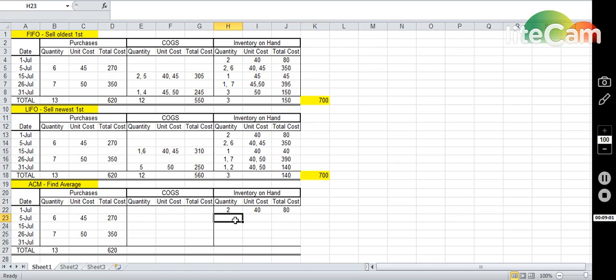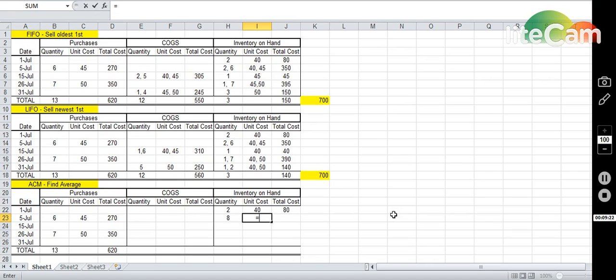So here we have the average cost method. So it's going to take a little bit longer to do. It's a little bit more time, but we'll try to whip through it. Okay. So we're going to buy 6. We had 2, so now we have 8. How much did those 8 cost me? Well, I'm finding an average. Okay.